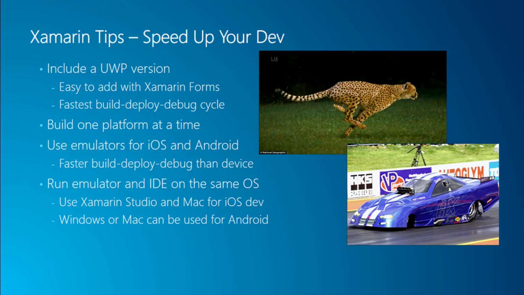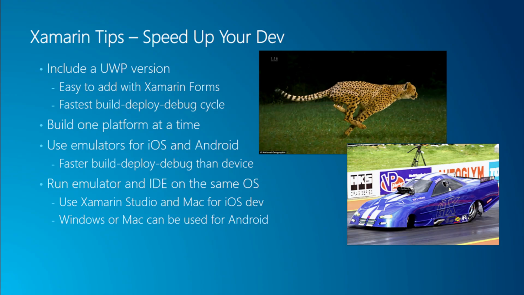Also, you saw I went in, made sure I was only building one platform at a time. Even though Visual Studio will do builds in parallel with as many cores as you have, it's still going to be dragged down by whatever the slowest one is. Now for iOS and Android, something you can do to help a little bit is use emulators for your day-to-day iterative development.